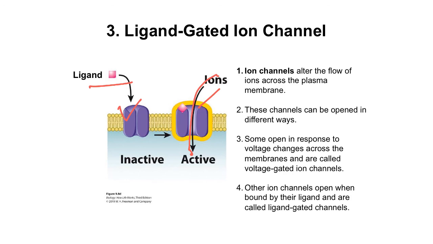Now, some of these channels are not regulated by a physical molecule called the ligand, but some open up in response to voltage changes across the plasma membrane and are therefore called voltage gated ion channels. And those that are activated by ligand are simply called ligand gated channels.